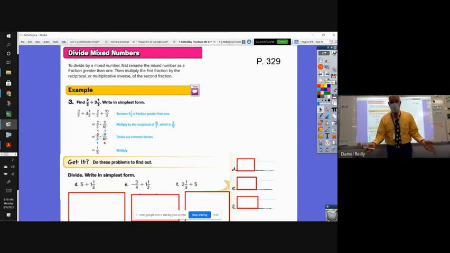Which means you can't divide mixed numbers, because every division problem we change to multiplication. So when you have a division of mixed numbers, you change them to improper fractions. The first step: change the mixed number to an improper fraction, and then keep, change, flip.